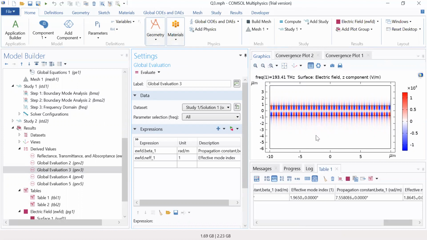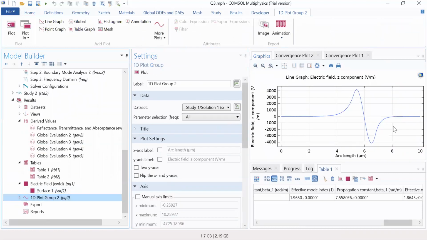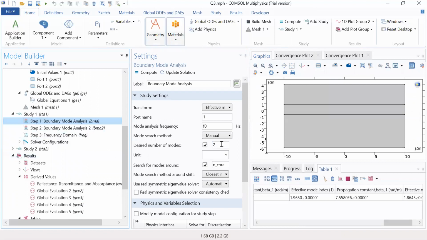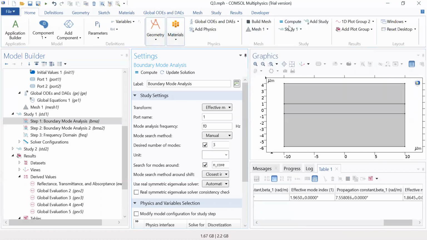Most of the energy is leaking out, and you can also observe it from this graph. This energy is leaking out in the cladding region, and now I have to increase the mode value so that it gives you a proper idea about what is happening right now in this asymmetric waveguide.